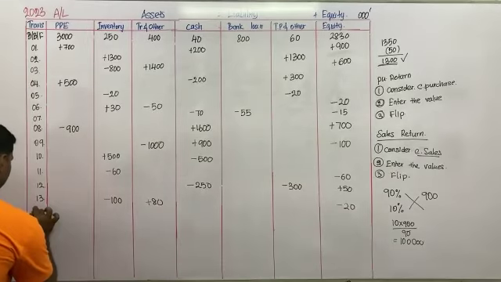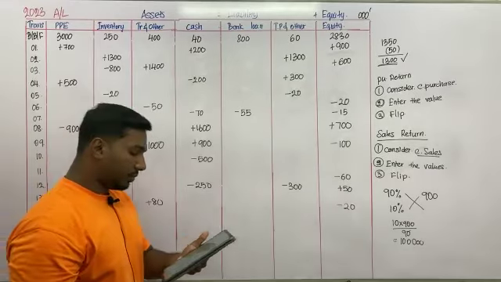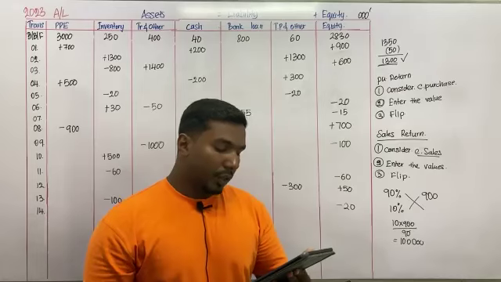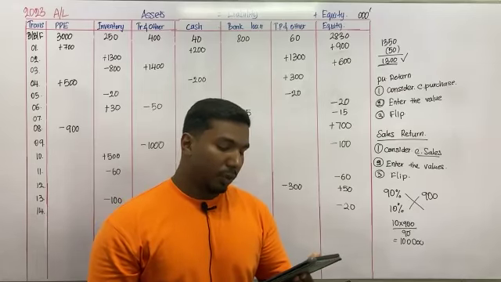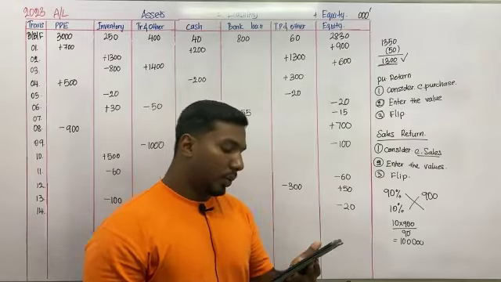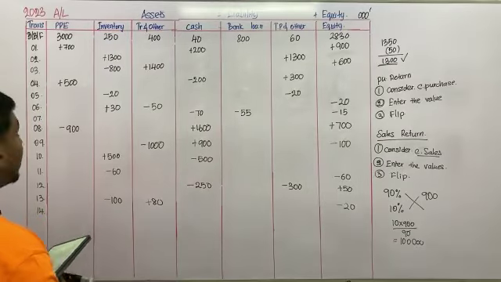Transaction number 14. Operating expenses of 500,000 were paid for the month of April 2023. So we are doing this accounting equation for the month of April.